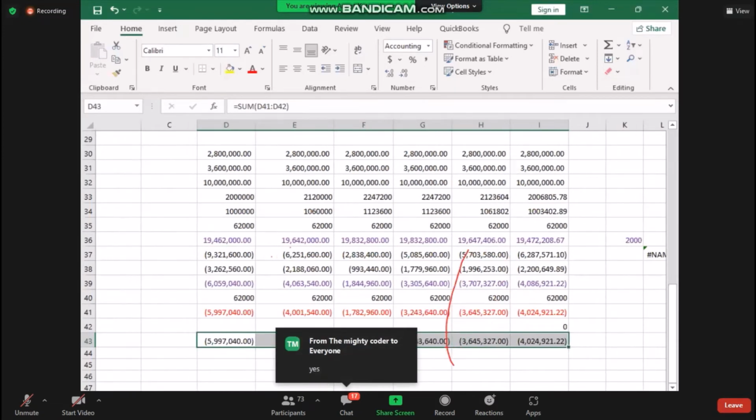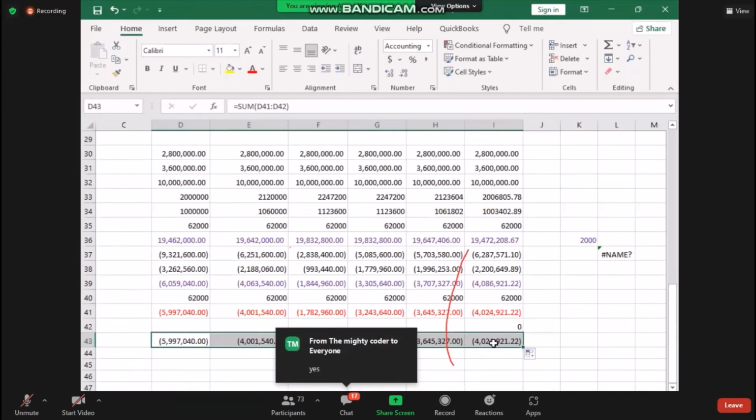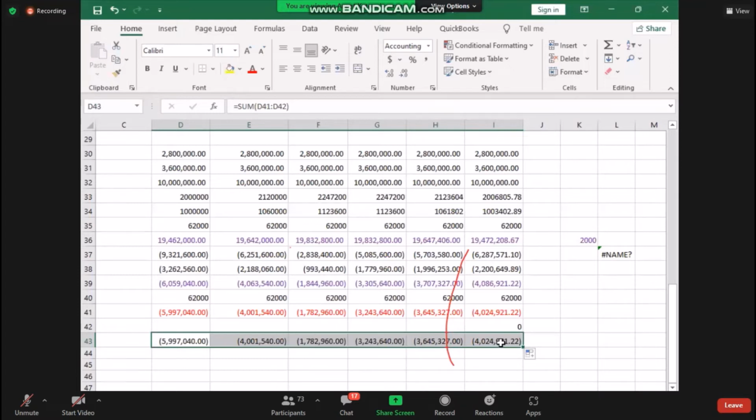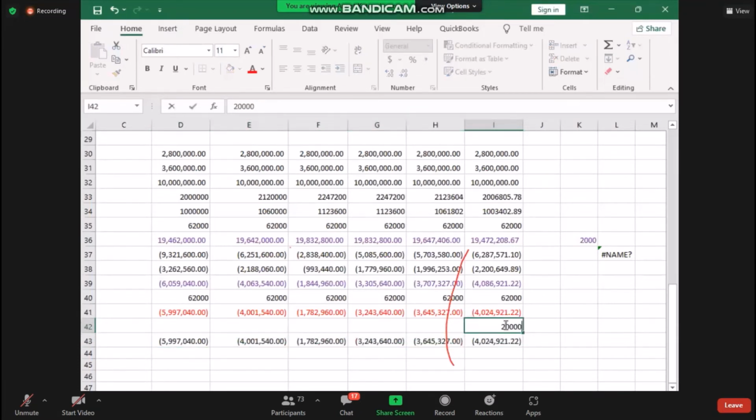So I think you can see that even in the last year, the cash flow that I have for intermediate is the same as the one I have for terminal. Reason being, the salvage value is 0. But if we had a salvage value of maybe that amount, enter, then I'll have an effect on my final answer. So this is 0. So there is no problem with that.